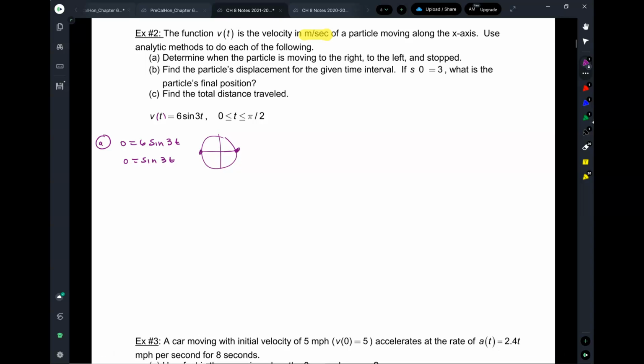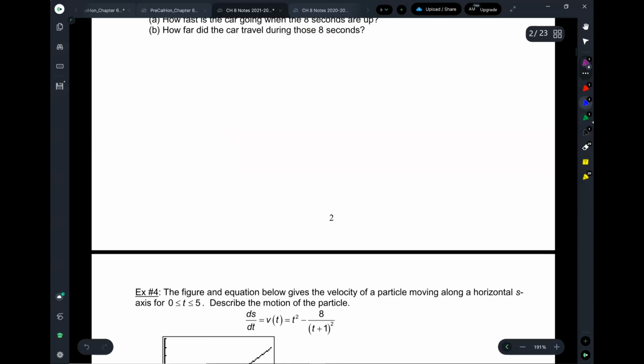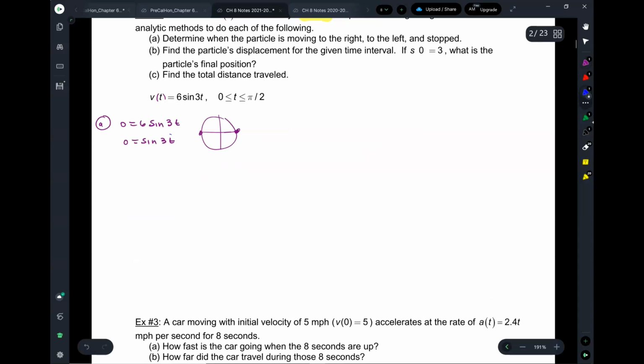That means when the angle is equal to 0, or when the angle is equal to pi, that's where sine is equal to 0. So this is 0 when 3t is equal to 0 or pi, which means t is equal to 0 and pi over 3. And we have to make sure that we've included all of them until pi over 2.